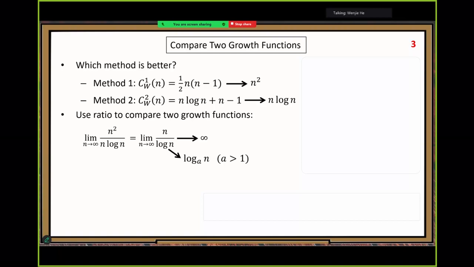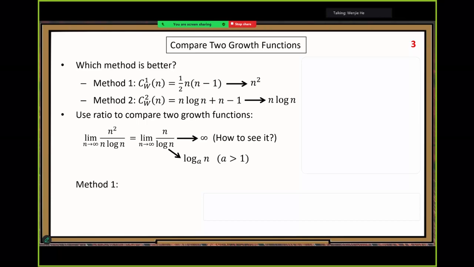We know both functions go to infinity, so it is infinity over infinity. What's that? It's an indeterminate form, because infinity over infinity could be anything.